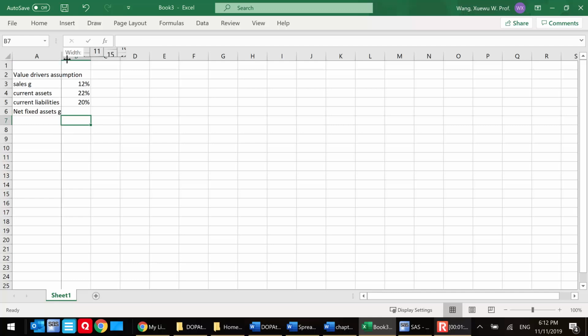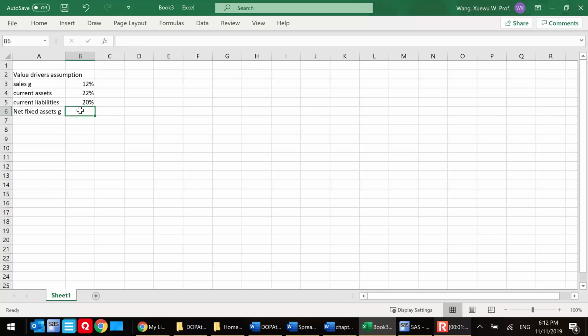So this is now a little different. In our in-class discussion, we mentioned net fixed assets are a percentage of sales. But in this particular question, net fixed asset growth rate is actually 5%. So it is not based on percentage of sales, but it's actually growing based on whatever starting net fixed assets you have or you observe.